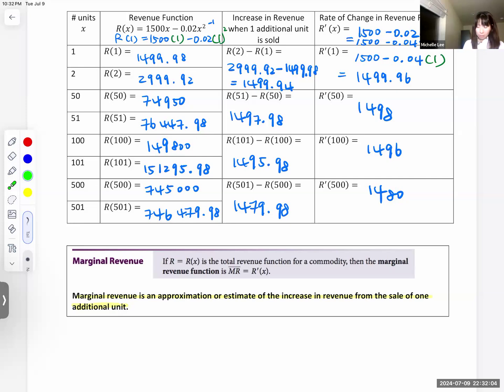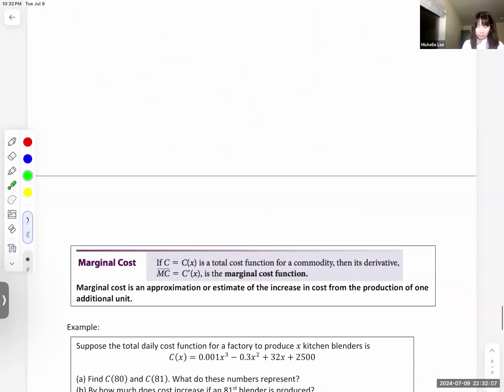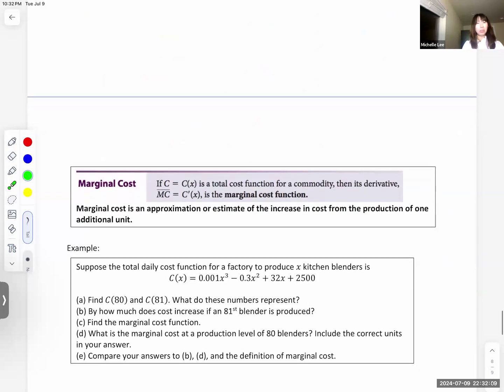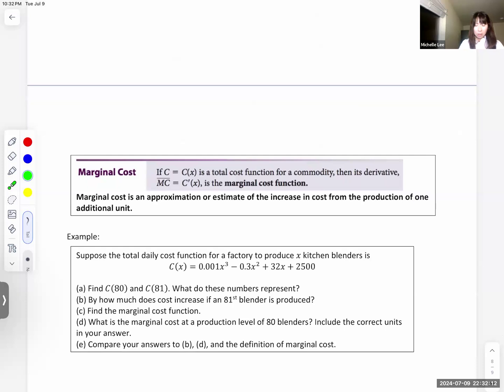Okay, now we have marginal cost again. So for marginal cost, we are using the function notation C of X, right? Cost function, total cost. Then we take the derivative, and that gives the marginal cost. Just as earlier with marginal revenue, think about the cost, and then we do the derivative, then marginal cost.